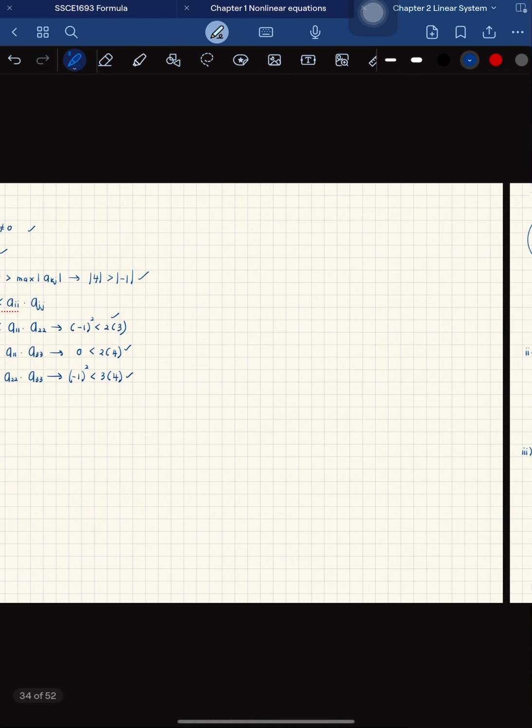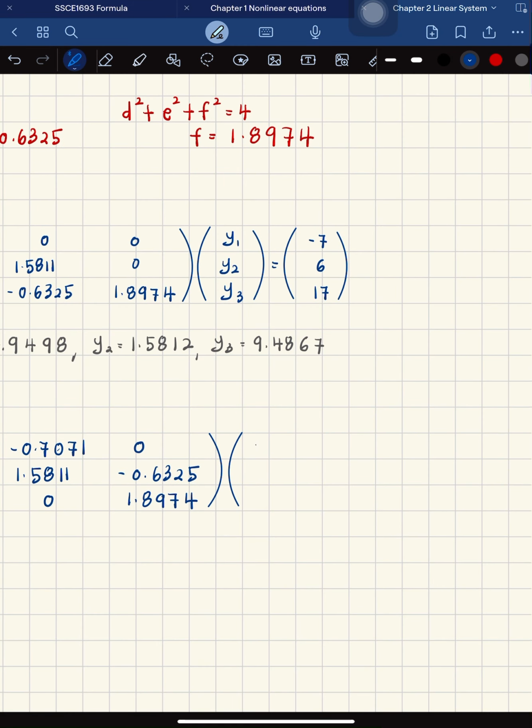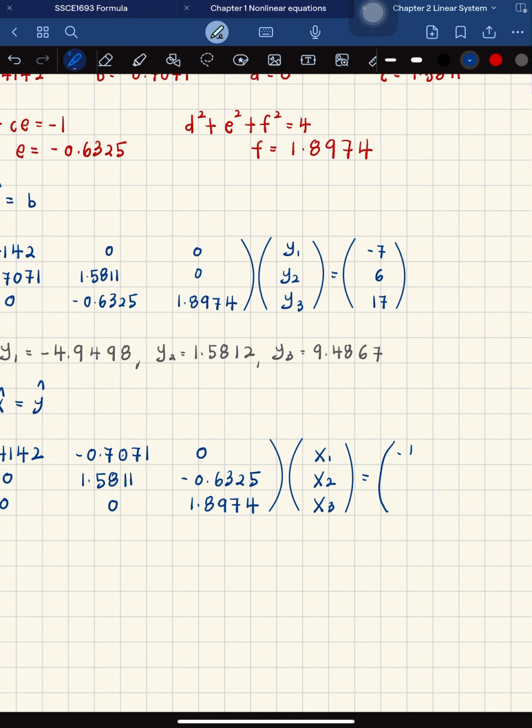So x1, x2, x3 equal to Y. Now you can use your calculator.